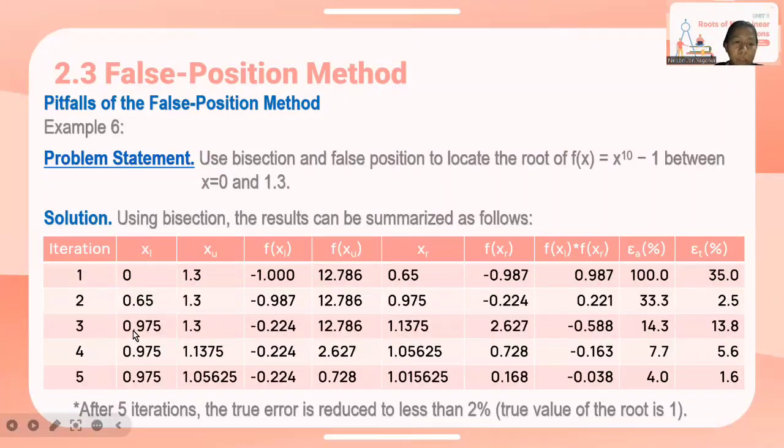For the third iteration, the XL is 0.975 and XU is 1.3. XR equals 1.1375 and the function of XR is 2.627.